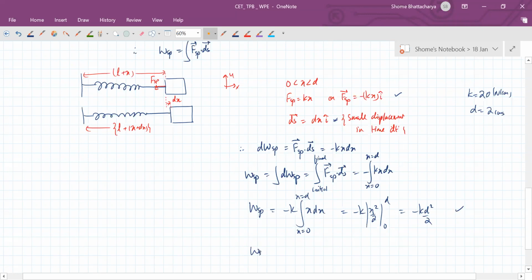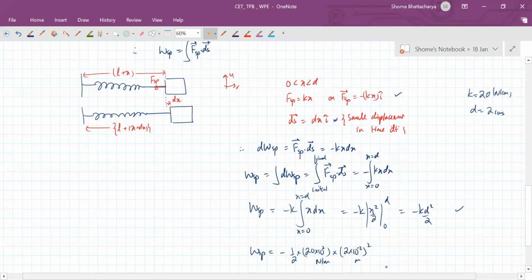So now just substitute the values. So it is minus half into k. Now k is 20 into 10 raised to power 2, if you substitute in newtons per meter, into d square, that is 2 into 10 raised to power minus 2, whole square.